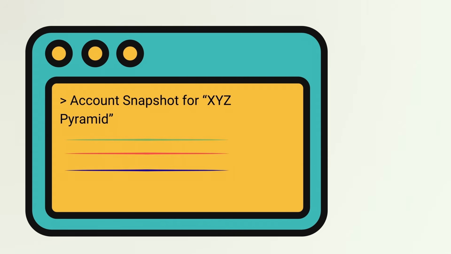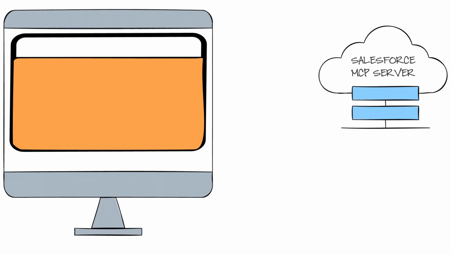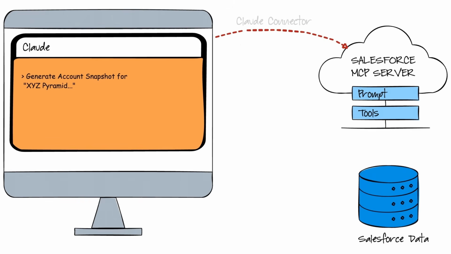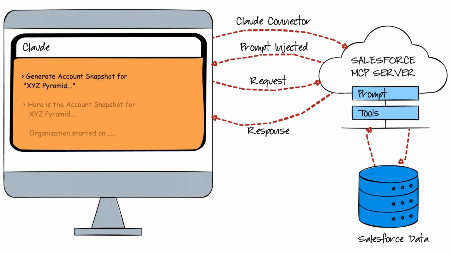So this is a super powerful use case. So there you have it. Your agent builder prompt template is not siloed and sitting inside your Salesforce org. It travels with your MCP server, lands in Claude's context, and your agent behaves exactly the way you designed it to be. This is the kind of architecture that differentiates a demo from a production-ready Agentforce deployment.